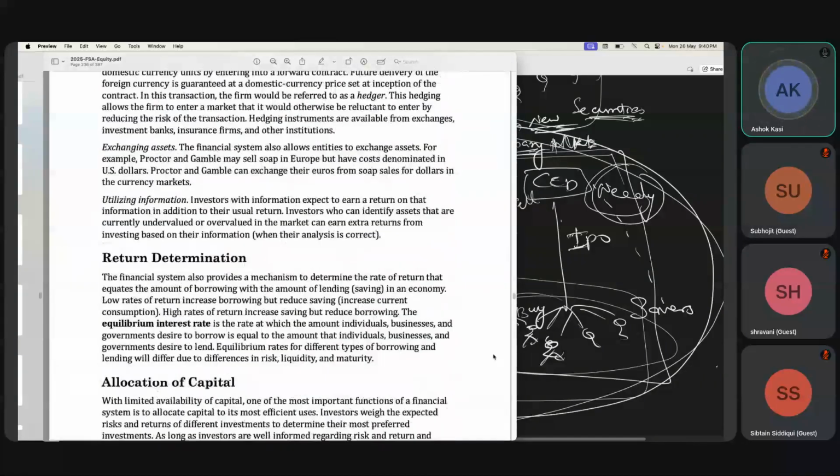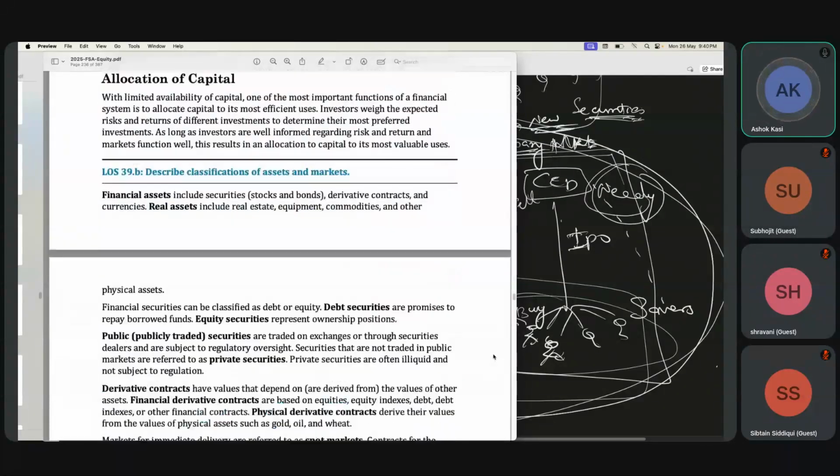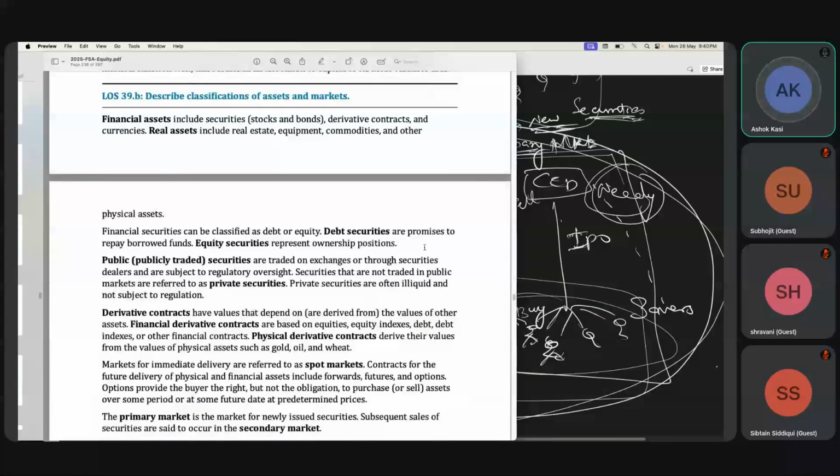Now see this one, LOS 39. LOS is learning outcome statement, 39 point B. Here, financial assets: stocks and bonds are all financial assets. Real estate, I believe you know this.